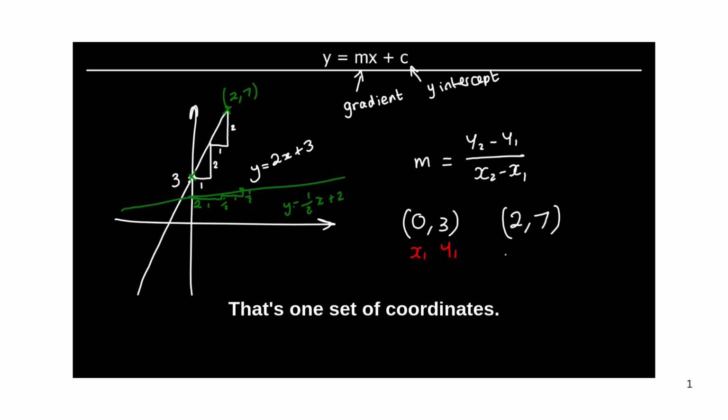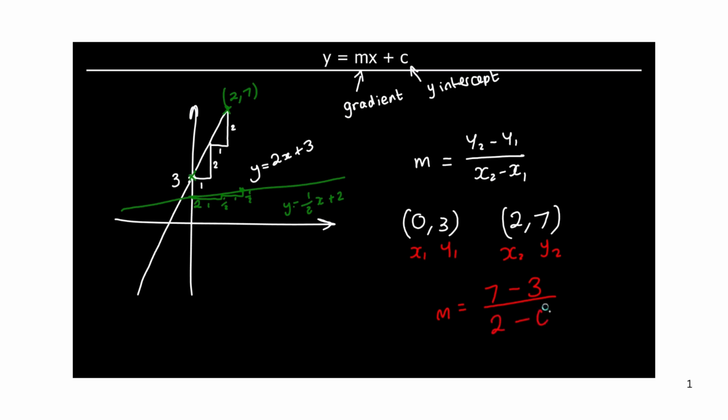That's one set of coordinates. x2, y2 is the other set. And then the gradient is the change in the y's, so 7 take away 3, divided by the change in the x's, 2 take away 0. 7 take away 3 is 4. 2 take away nothing is 2. 4 over 2 is 2. The gradient of that line was 2.